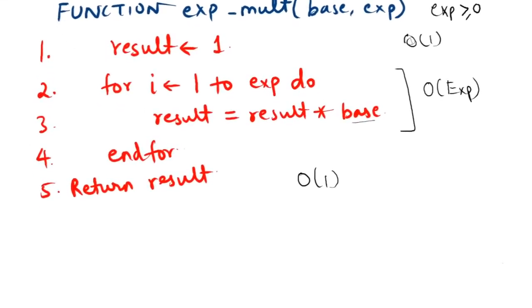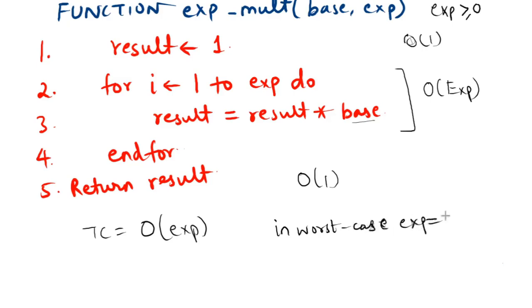Hence time complexity will be big O of exponent, and in the worst case scenario, exponent can be equal to n. Hence this can become an order of n solution.